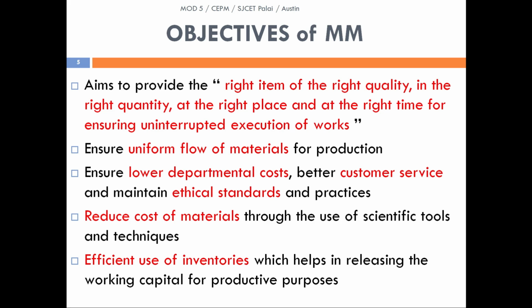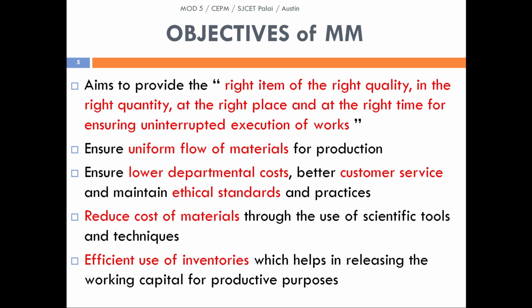Third one, ensure lower departmental cost, better customer service and maintain ethical standards and practices, which means that the products provided should be of good quality, good quantity, good efficiency and all, which means that ethical standards should be upheld and practiced. There should not be any malpractice from the starting point to the ending point.